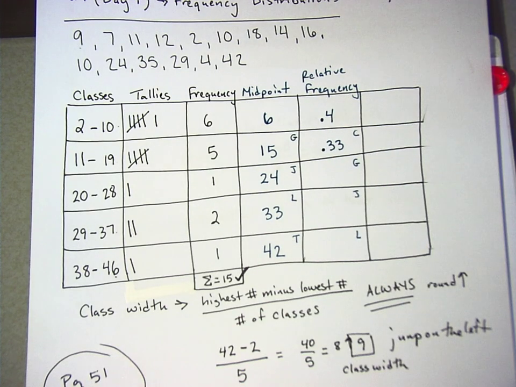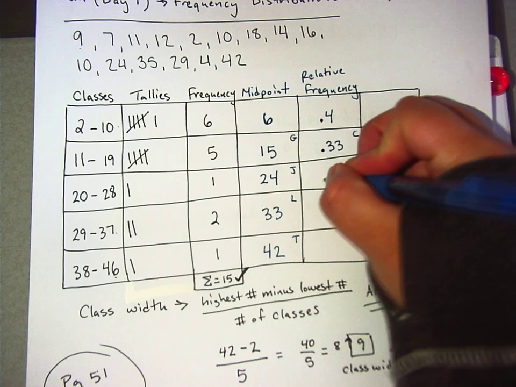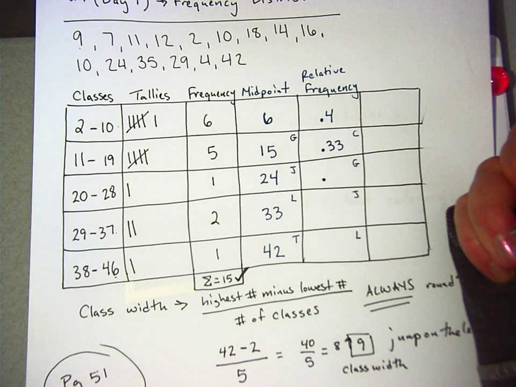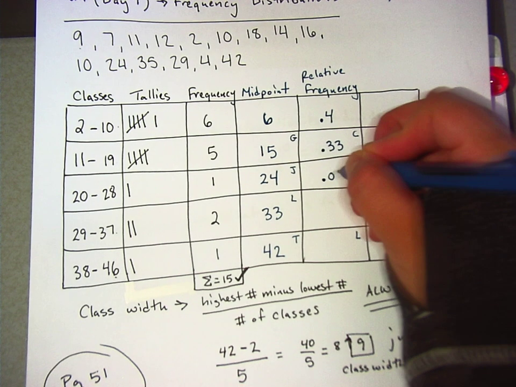We'll go to the nearest hundredth. Grace? It's 0.06666, so 0.07. Yep.